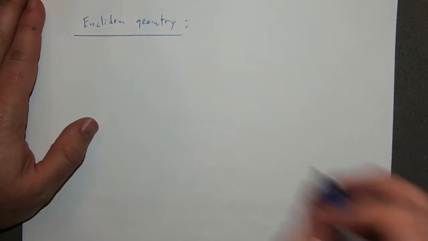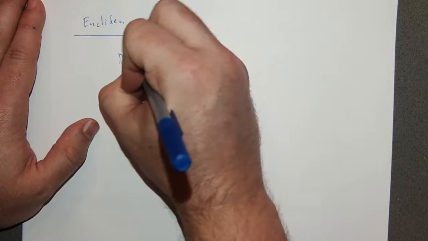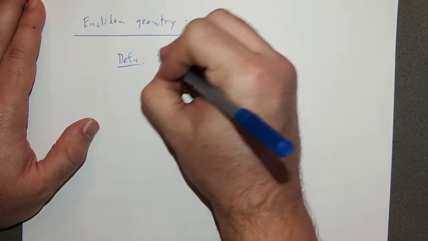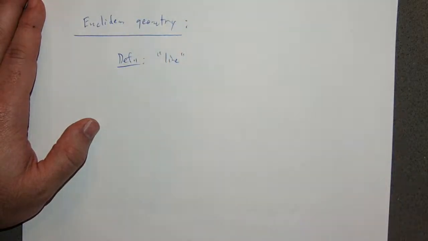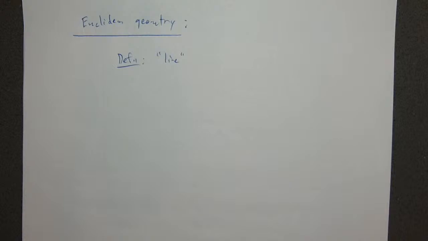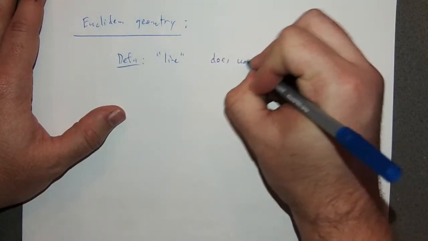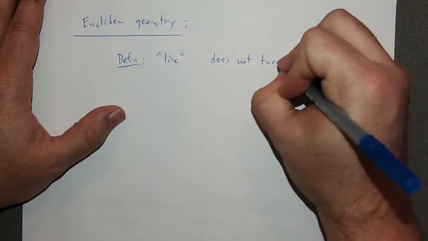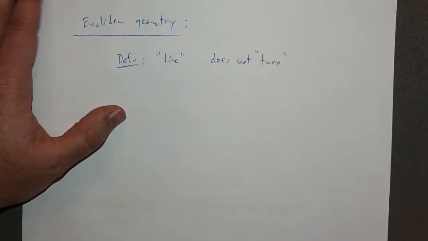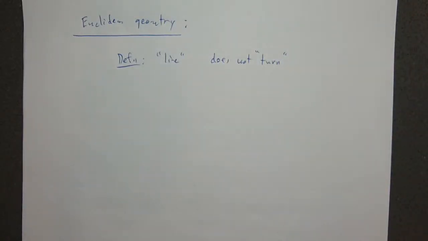What is my definition of a line? Well, a line does not turn. People would not have a problem with that. It's a non-trivial path that doesn't turn.